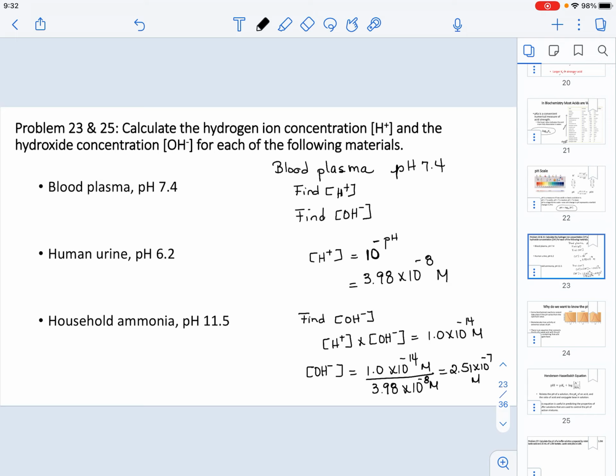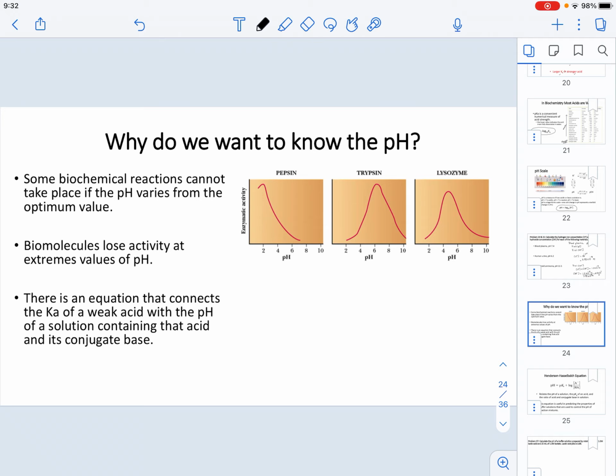Now, why is it so important that we talk about pH when we're talking about biochemistry? That is because some biochemical reactions cannot take place if the pH varies from the optimum value. Many of the reactions that happen in biochemistry are driven by the use of enzymes. Enzymes are biomolecules that act as catalysts.